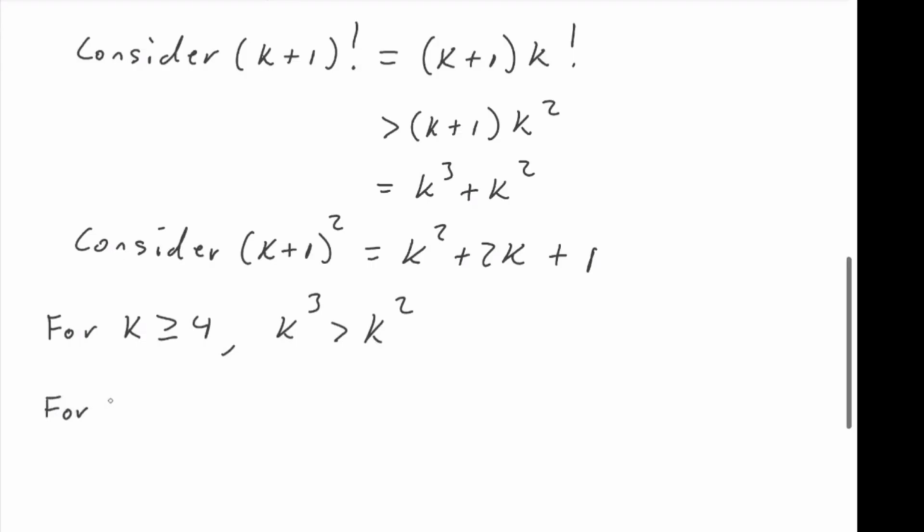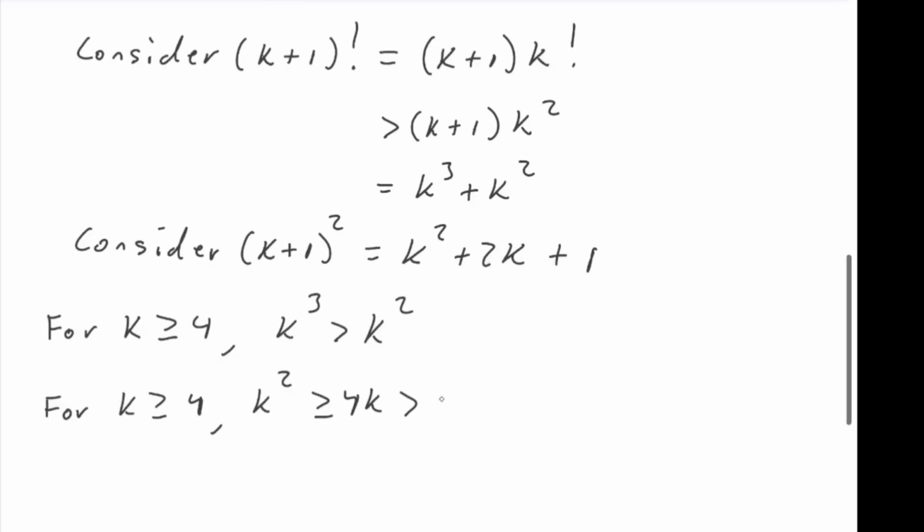For k bigger than or equal to 4, we know, so k squared is going to be bigger than or equal to 4k, right? If we multiply both sides by k, right? And we know 4k, so we need this to be bigger than 2k plus 1.